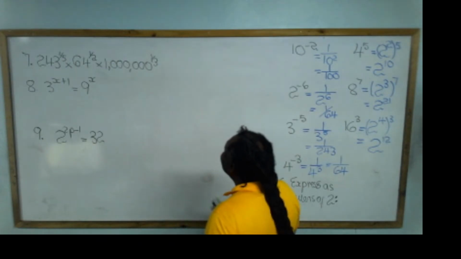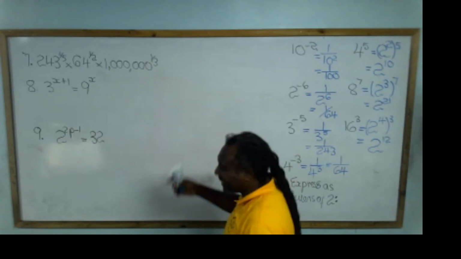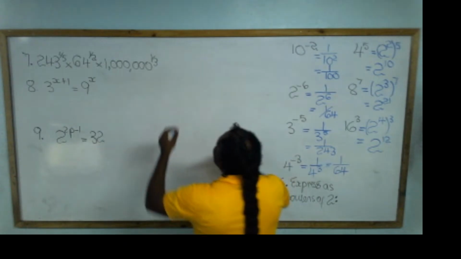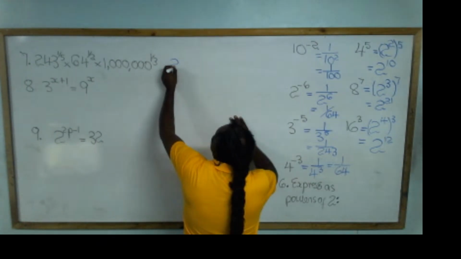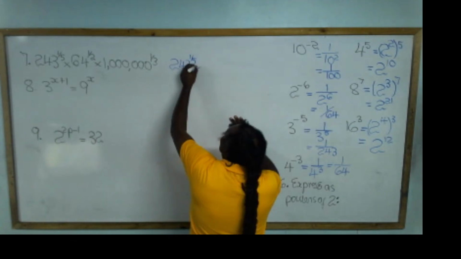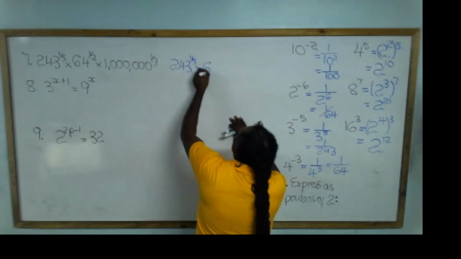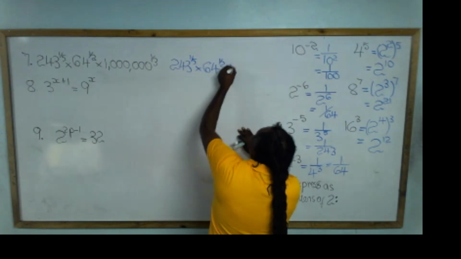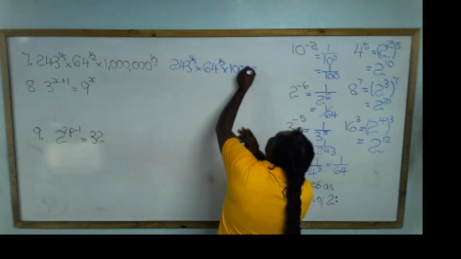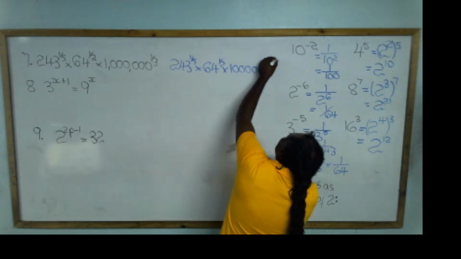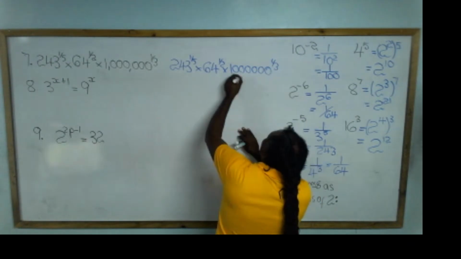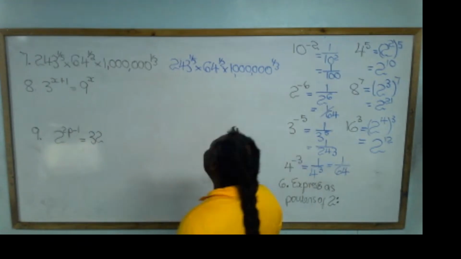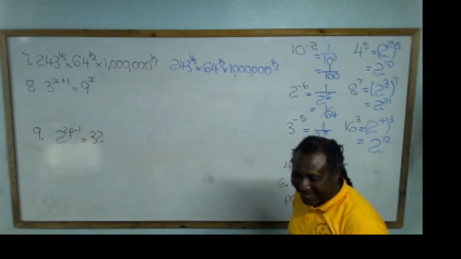So I'm going to take that number 7 and put it over here. 243 to the 1/5 multiplied by 64 to the power of a half, then times 1,000,000 to the power of 1/3. I hope it will not be so wide on the board when we make the next step.